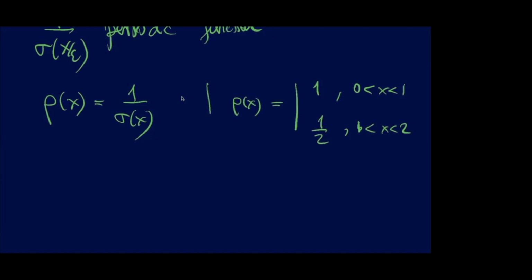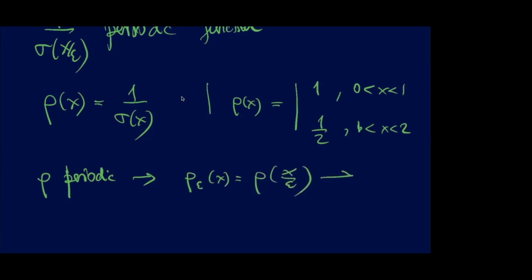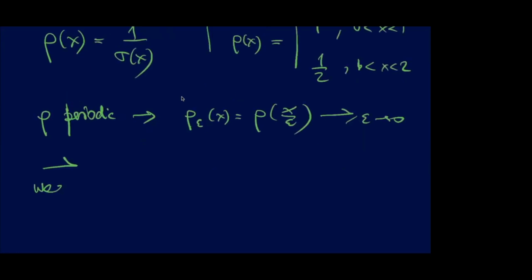The theory says that if I take a periodic function rho, out of it I build a sequence where I increase the frequency of oscillation and I let epsilon go to 0, in the limit this weakly converges.